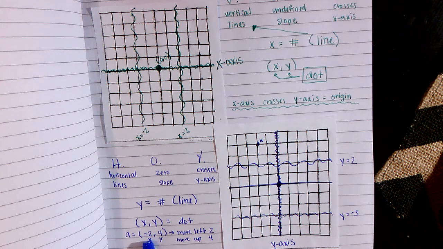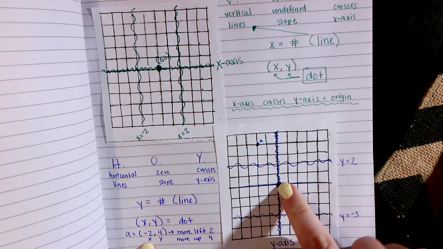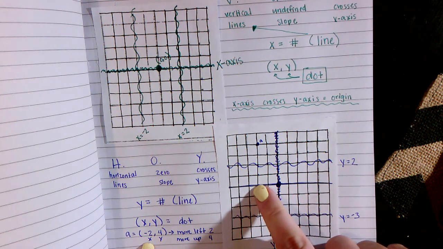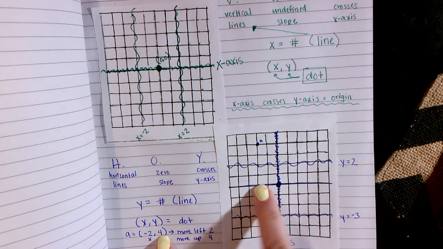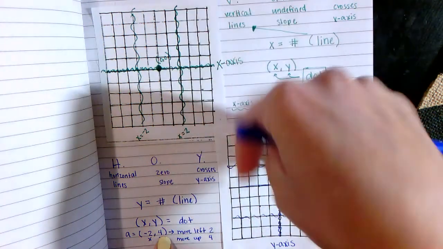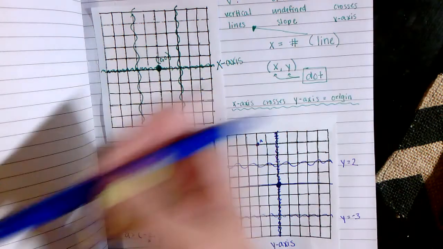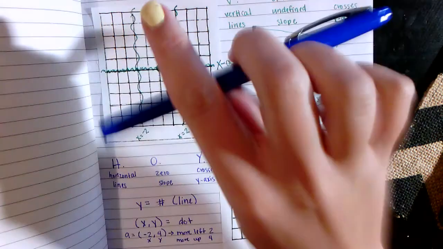Okay, so if we look at this point, negative 2, 4, we have to move on the x-axis back 2, and then we have to move on the y-axis up 4. Anything up is positive, anything down is negative. And then on the x-axis, anything to the left is negative, and anything to the right is positive.